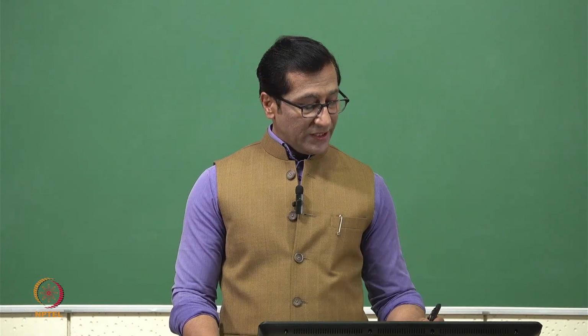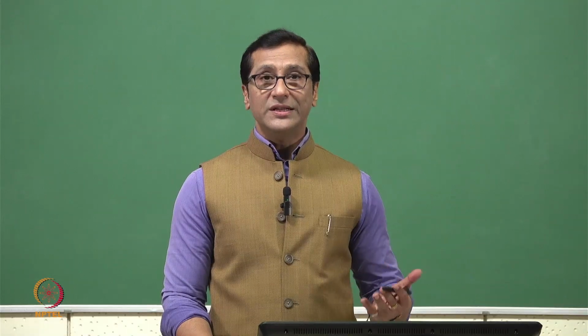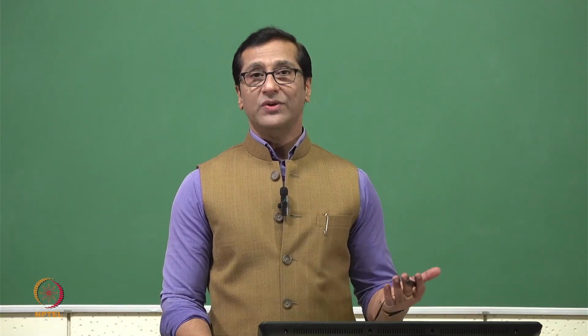Now what are the points where solid lubrication should be selected? We say it is a severe temperature condition. In some books you will find 300 degrees centigrade, in some 400, in some 500. It may vary depending on the substrate we are using. The reason is that at high temperature, liquid lubricant or grease gets oxidized fast.